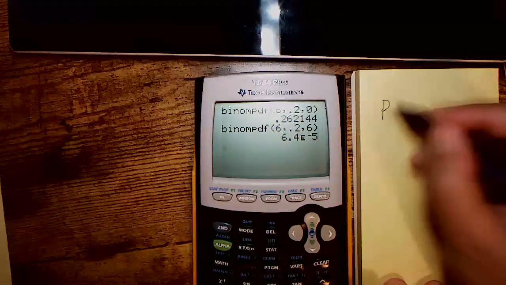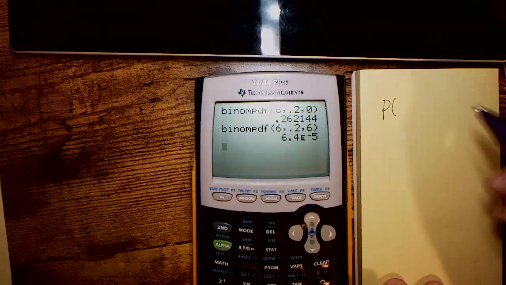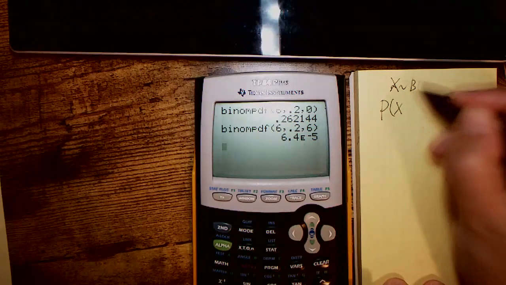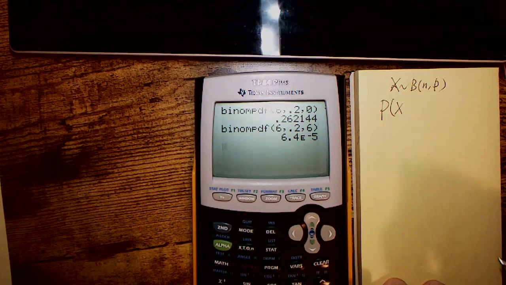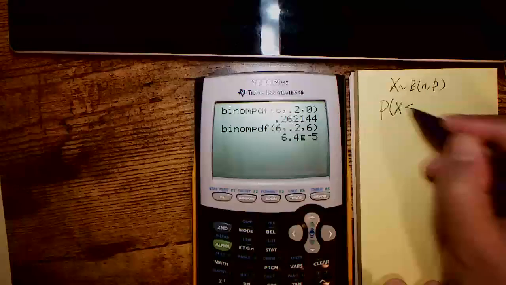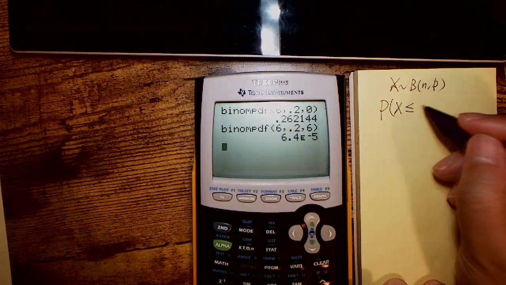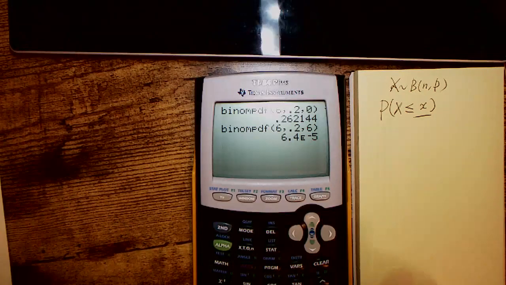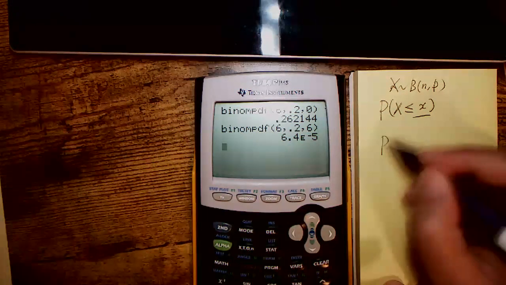For a binomial distribution, CDF helps us calculate the probability that X is less than or equal to some value, X at most. Earlier, using the table, we found the probability of at most 3.